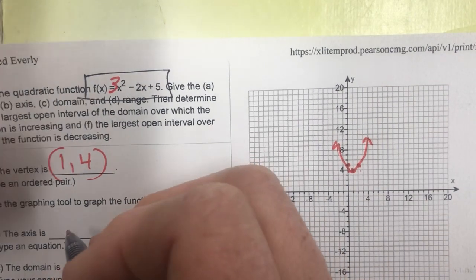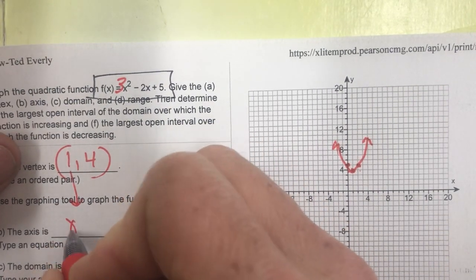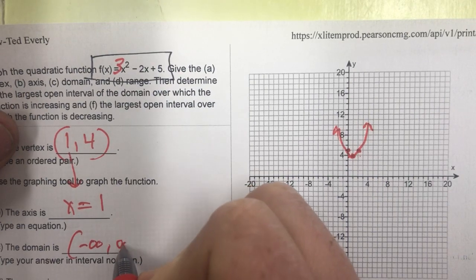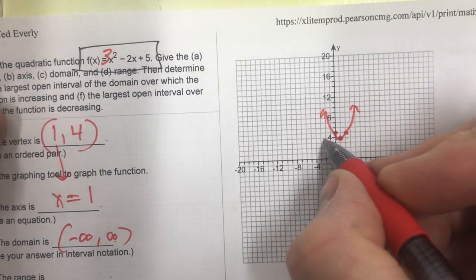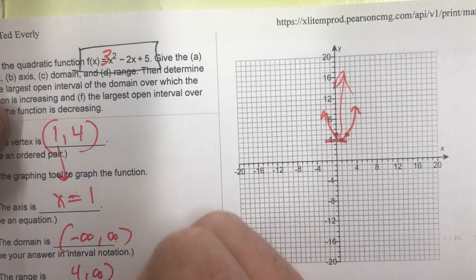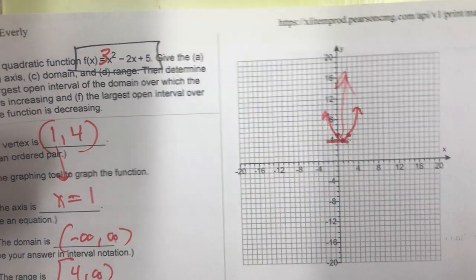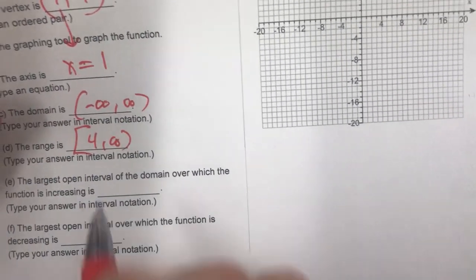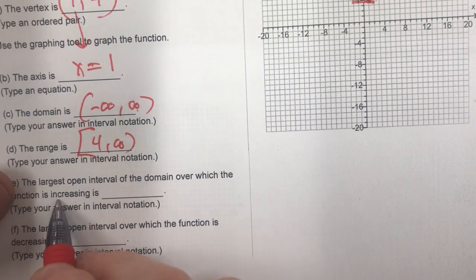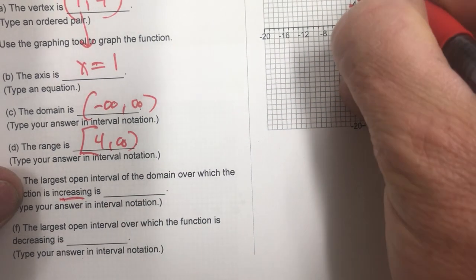Now, the axis of symmetry right there. The domain, every time, -infinity to +infinity. The range, all right, this thing goes from 4 all the way to infinity. The 4 we included. Okay. And then we have increasing or decreasing. This is increasing right here.